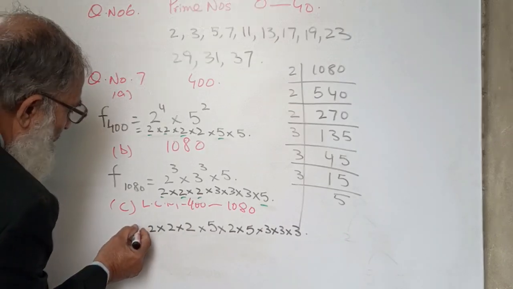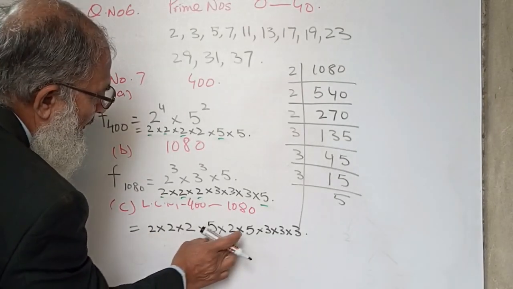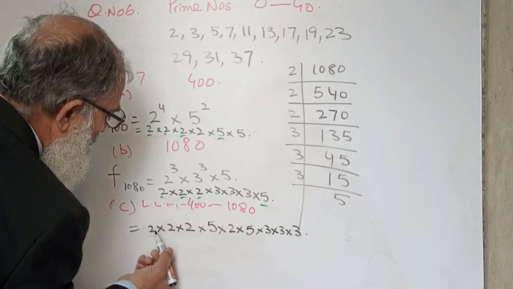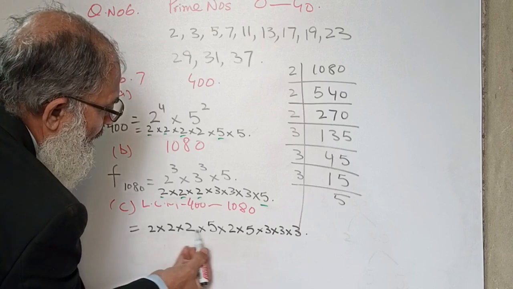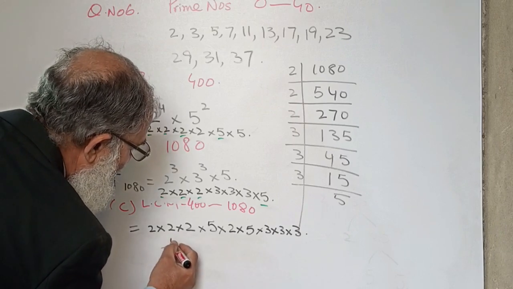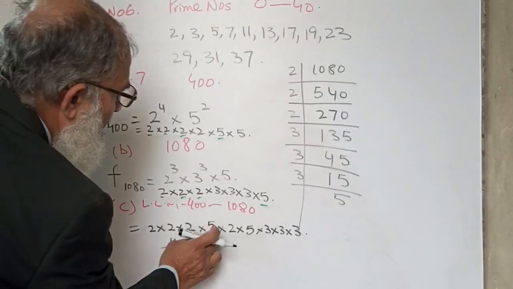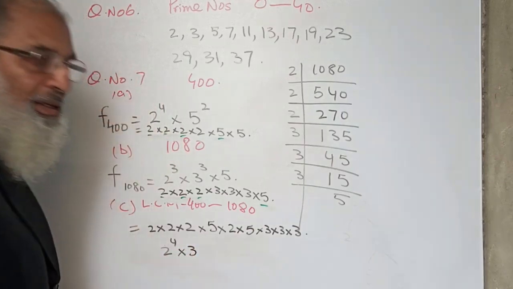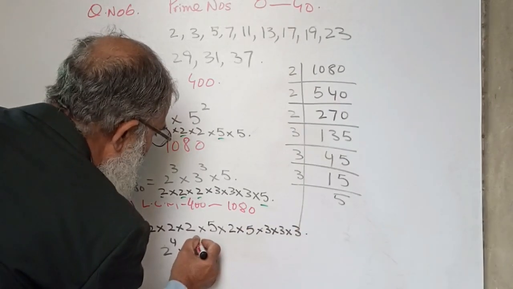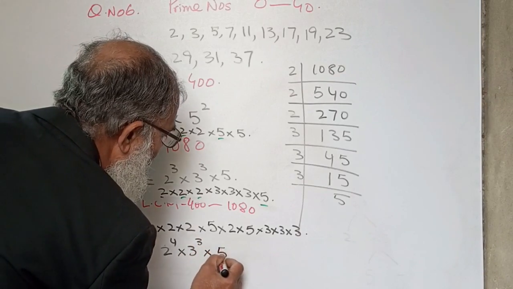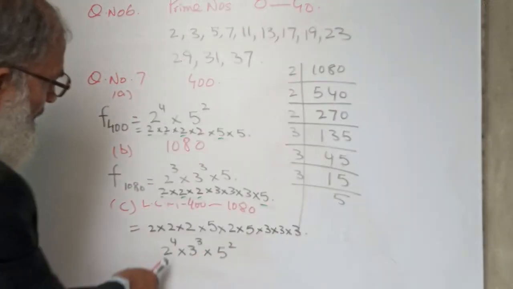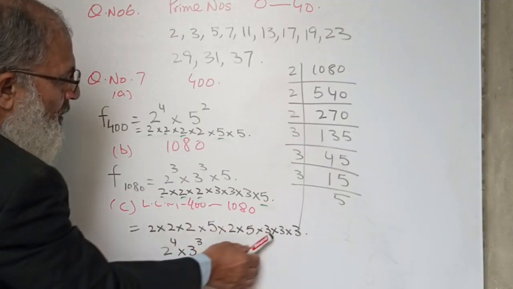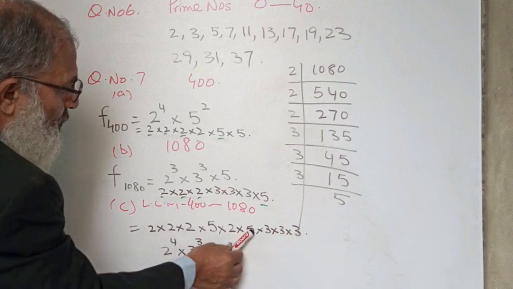Now we have to just make them like this, raised to power. Now this 2, 1 2 3 and 4, 2 raised to power 4, and then 3 raised to power 3, and then 5 raised to power 2. 2 raised to power 4, 1 2 3 4; 3 raised to power cube, 1 2 3; and 5 raised to power 2, 1 2.